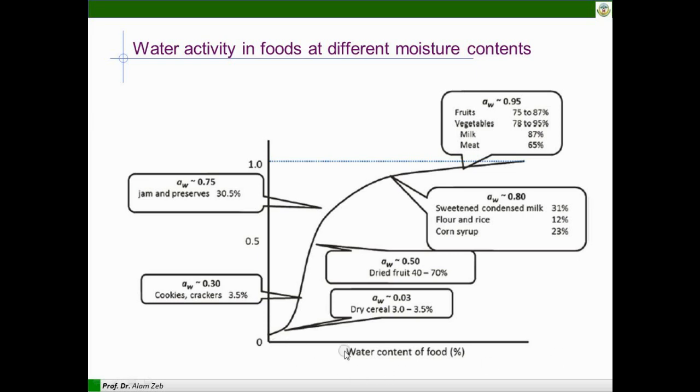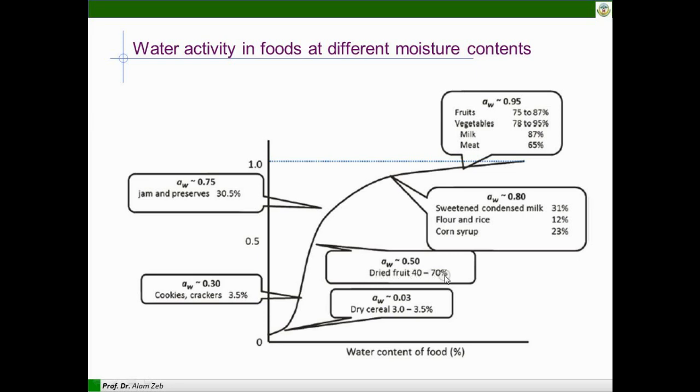When we plot the water content of food against the water activity, we obtain this particular plot. Here you can see the dry cereal has a water content of 3 to 3.5%, and then come the cookies and crackers, which have 3.5%, and then the dried fruit, which have a water percentage of 40 to 70% and activity is 0.5.